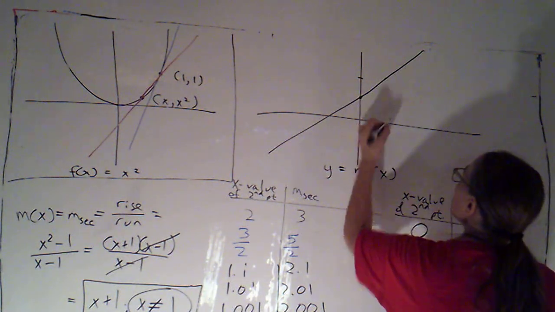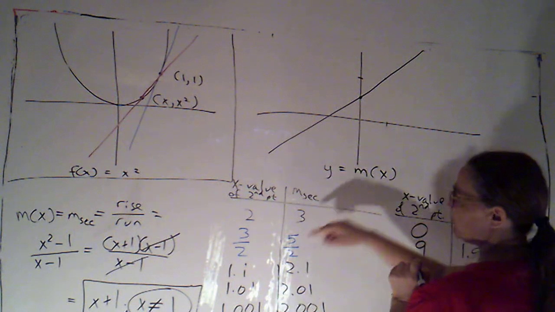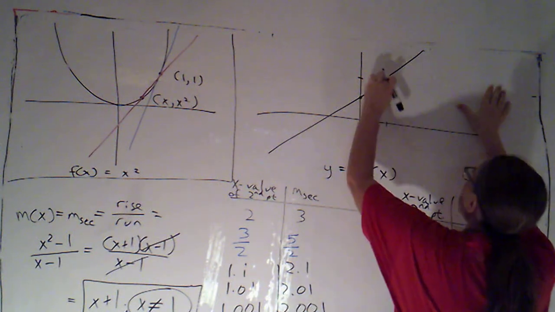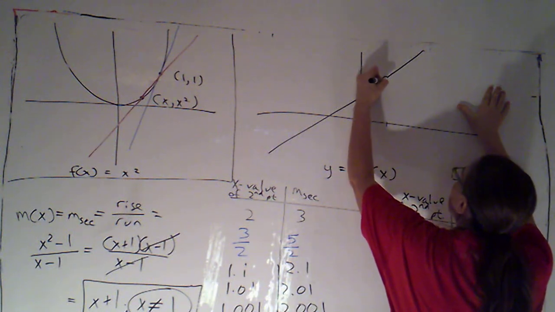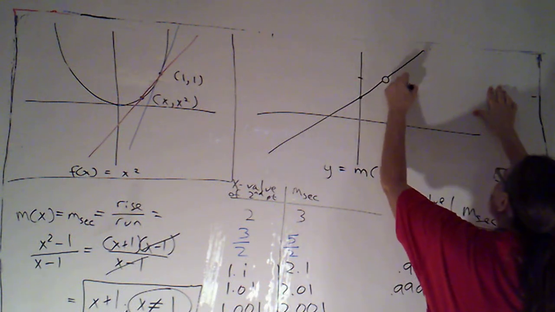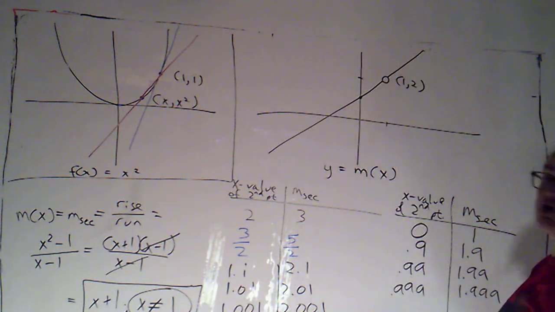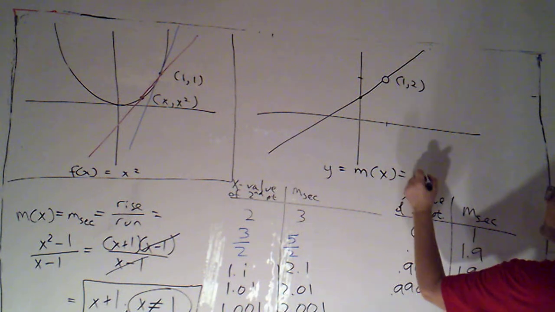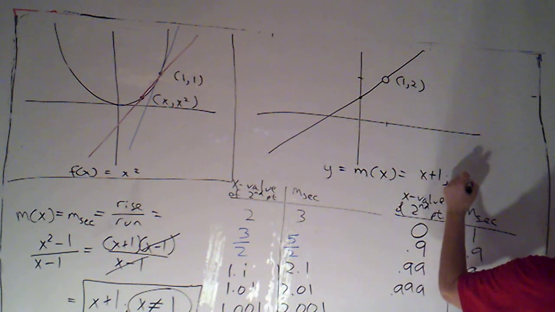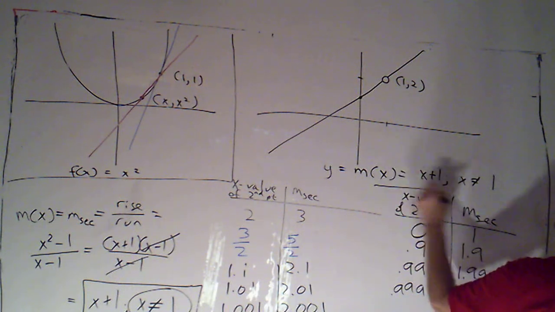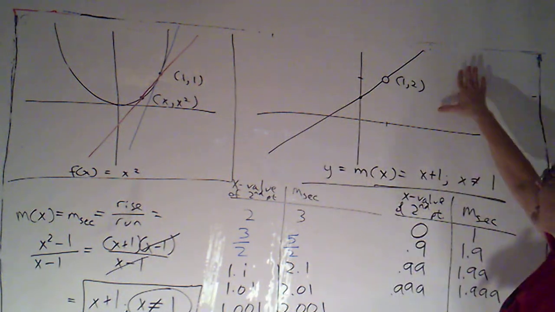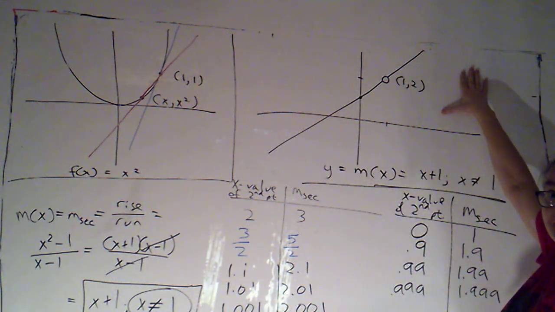If x were 1, and I plugged it into x plus 1, that put a point at 2. I wasn't supposed to draw that point. So there's going to be a hole in the graph right there at 1, 2. So m of x is x plus 1 with x not equal to 1. That's my formula, and there's my graph.